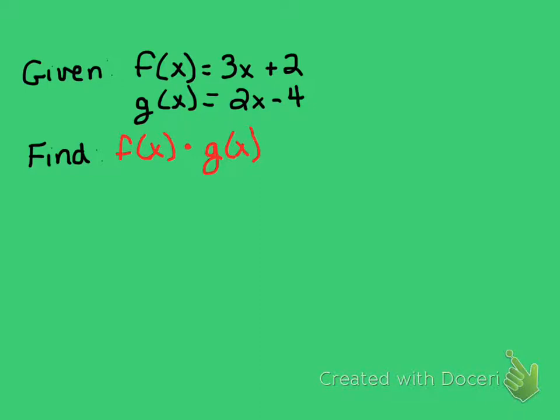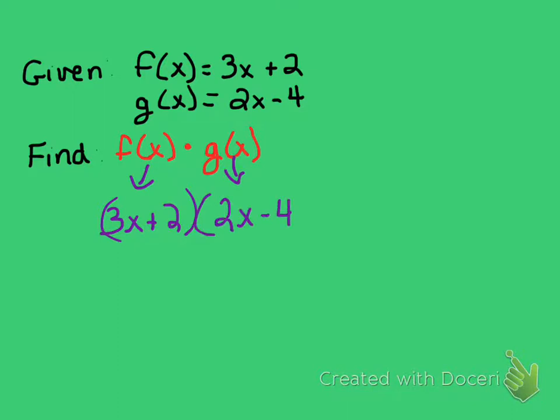So this is another multiplication problem, but this time we've got two binomials multiplying times each other. So we've got f of x times g of x. So that's going to be 3x plus 2. That's an expression, so I put it in parentheses, and it's going to be multiplying times 2x minus 4.